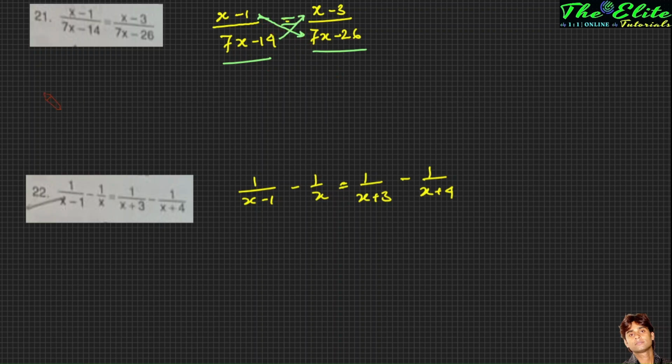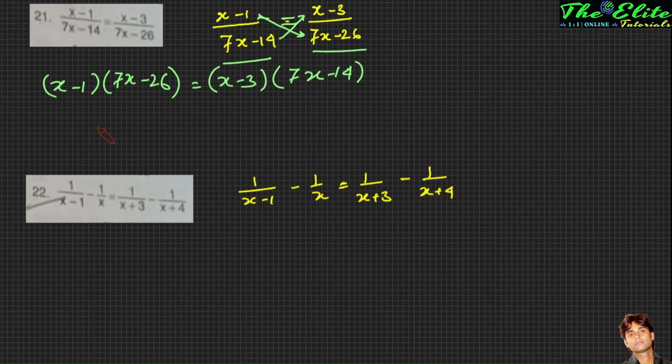You will have x minus 1 multiplied by 7x minus 26 is equal to x minus 3 multiplied by 7x minus 14. Now when you expand whatever you get, you can easily find the answer.